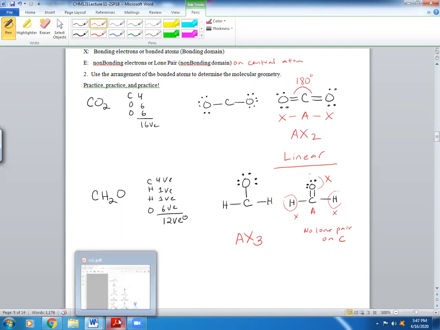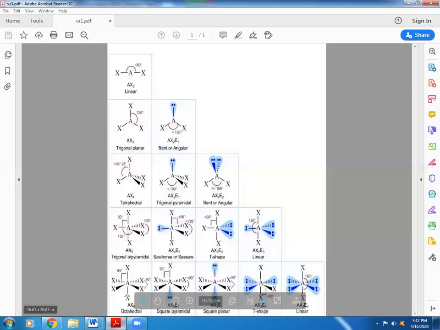Okay, let's go find AX3. Here it is. AX3 is called trigonal planar. Trigonal means 3. Planar means it's in the plane of the paper. So trigonal planar, and the angle is 120. How do you draw it? If you're asked to draw, you draw it just like this picture.